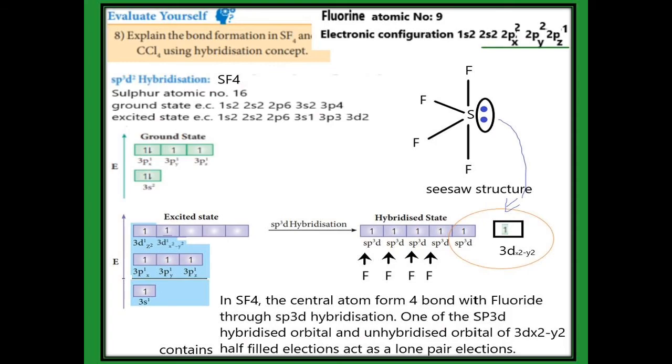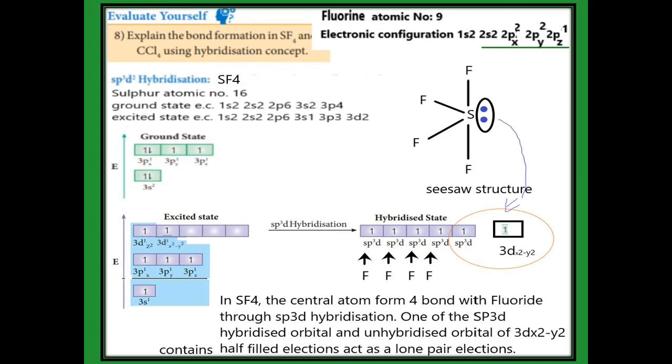The 2pz1 electron is given by fluorine to one of the sp3d orbitals, and in total 4 fluorine atoms give their last electron to the sp3d hybridized orbitals. One sp3d hybridized orbital and one unhybridized orbital are left there, and they form the lone pair of the sulfur atom.